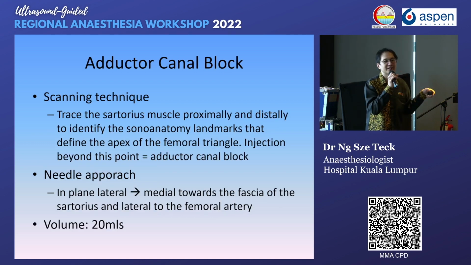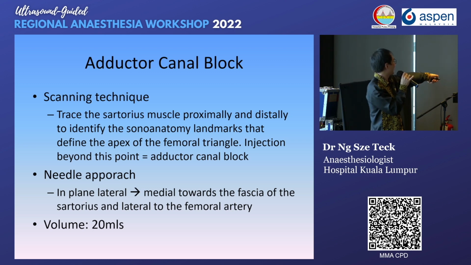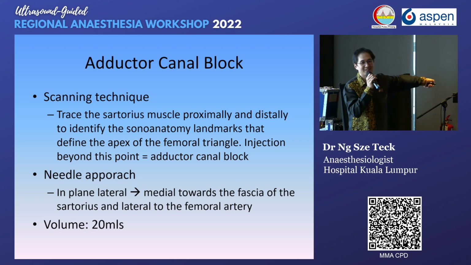So how do we scan? One technique is to trace the sartorius proximally and distally to identify the landmarks that define the apex of the femoral triangle, like the kissing sign I showed you just now. Then inject beyond this point, and you're doing an adductor canal block.